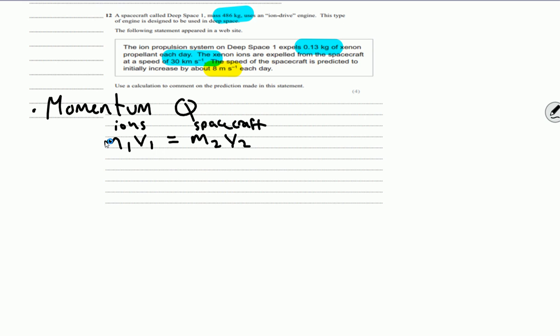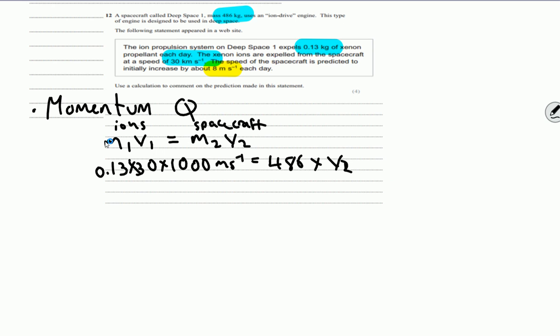Okay, what next? The mass is equal to the mass of spacecraft times... Okay, just show the rearrangement.